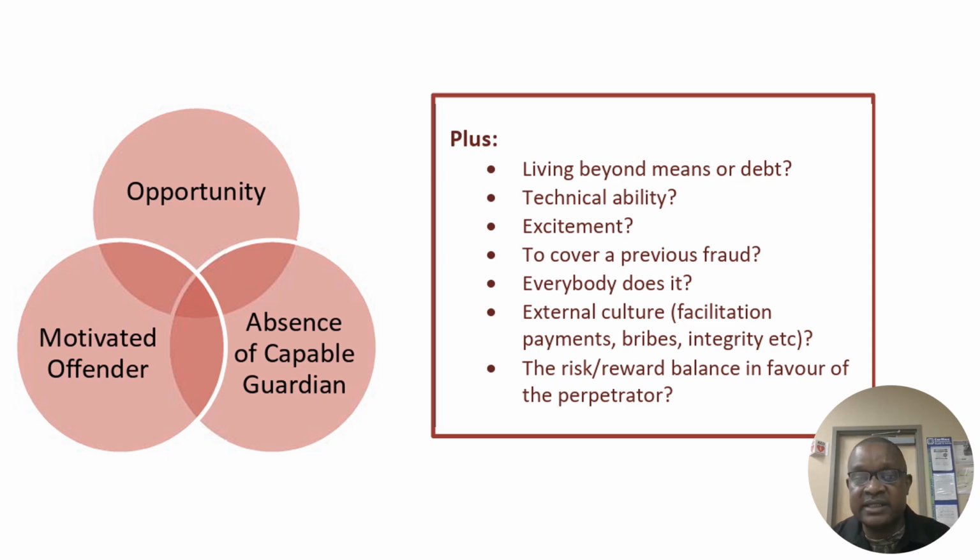Those are some of the factors that come into consideration when we talk about the routine activity theory as it relates to crimes of theft. When an opportunity is presented to a motivated offender, and there isn't any capable guardian, a crime will definitely occur.